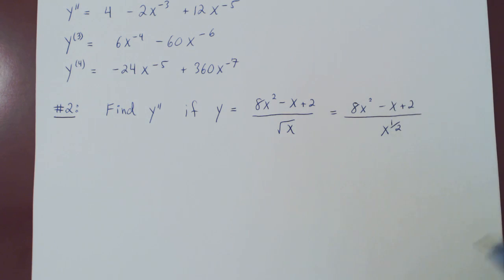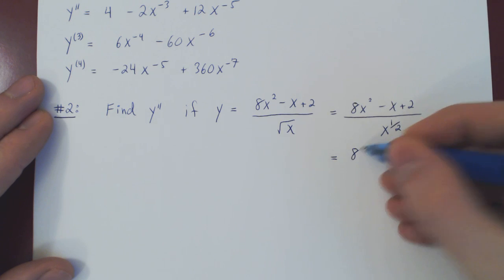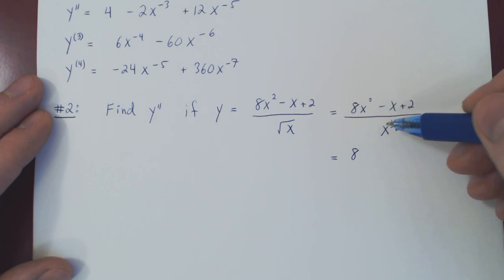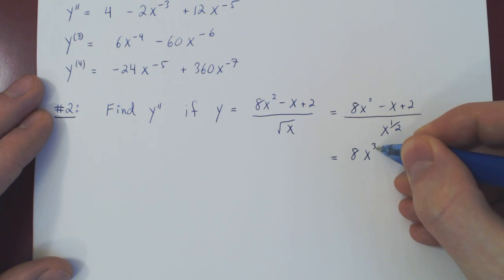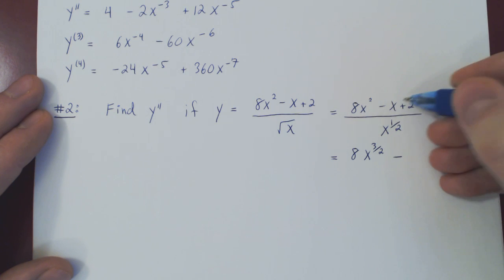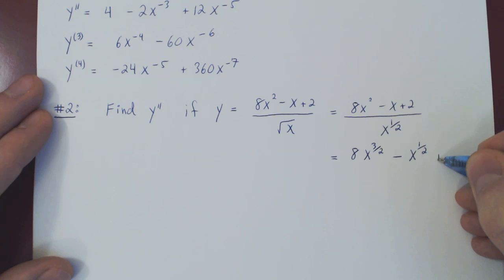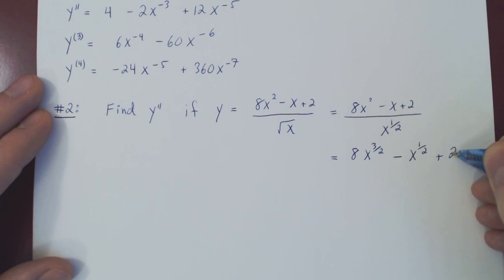Divide through, and use the power rule on each term. 2 minus 1/2, well 2 is 4 over 2. 4 minus 1 is 3, so 8 times x to the 3/2. Minus, 1 minus 1/2 is 1/2. Plus 2 over x to the 1/2, bring this back up, 2 times x to the negative 1/2.